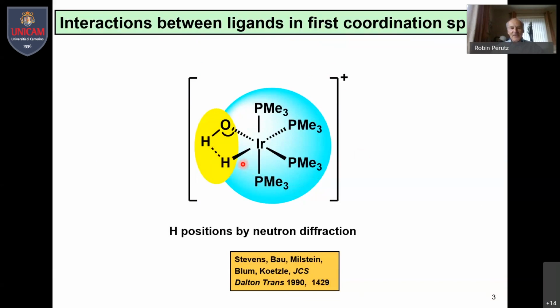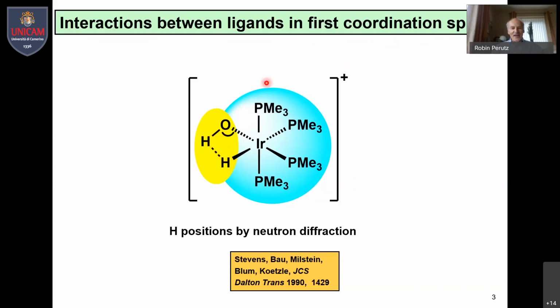And there's an interaction between the hydrogens, the OH as the delta plus, the hydride as the delta minus, and the result is that the iridium oxygen hydrogen angle is rather narrow, and these 2 hydrogens approach one another.